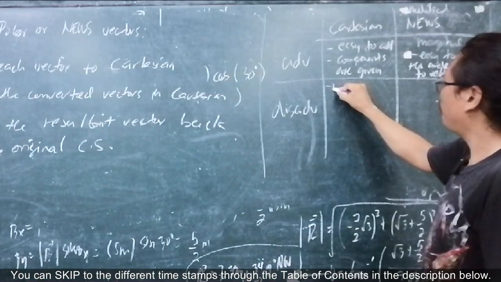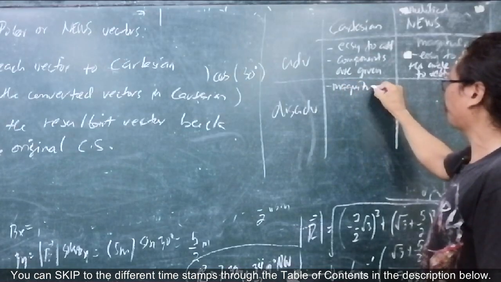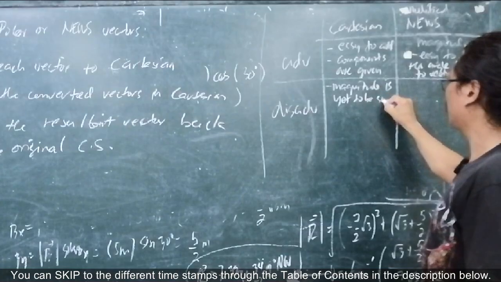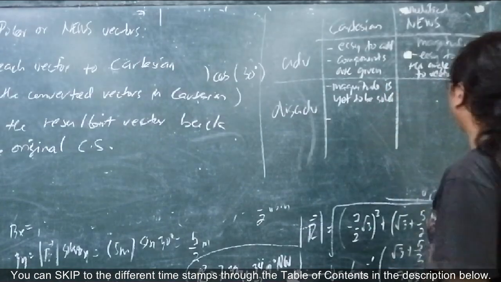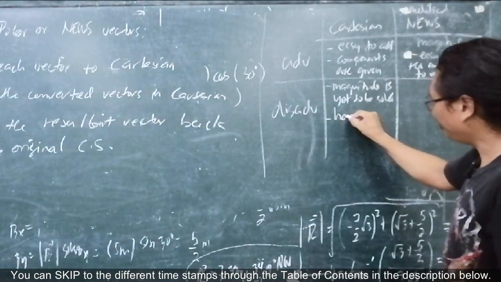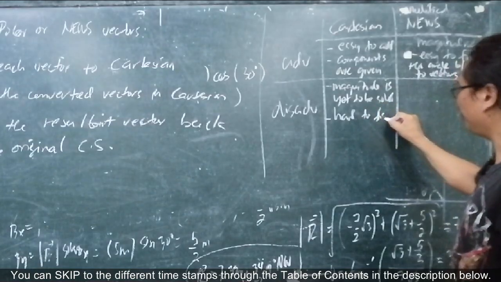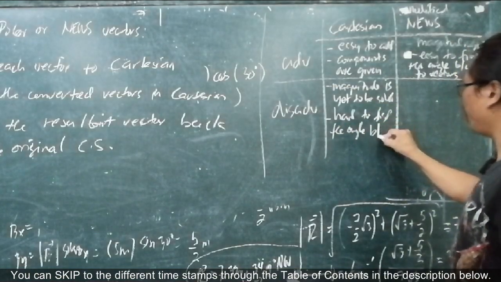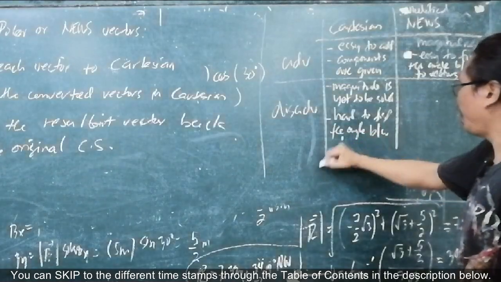And the advantage of this becomes the disadvantage of the Cartesian. Here the magnitude is yet to be solved. And another disadvantage is it is hard to find the angle between any two vectors.